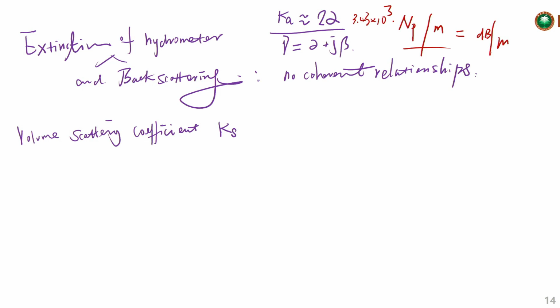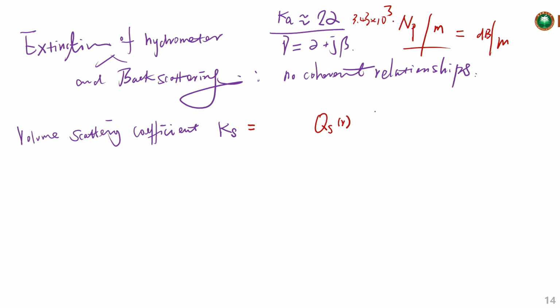Here we want to calculate the volume scattering coefficient, also in the unit of Nepers per meter. But as we all know, it is related to the scattering cross section for each individual particle, and we should sum them together with respect to the radius.